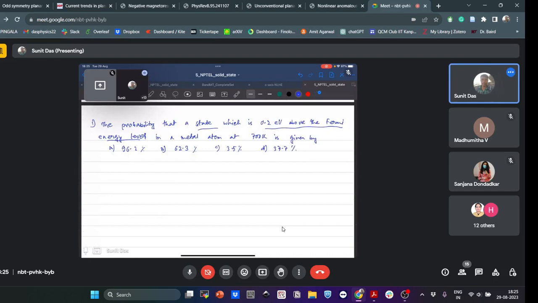So the state is at 0.2 electron volt above the Fermi energy level, in a metal atom at 700 Kelvin.